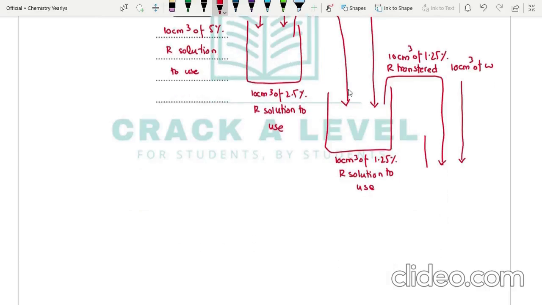This is going to be the last beaker, and we will have 10 cm cube of 0.625% R solution to use. But this will actually be 20 cm cube in the end, because we are not transferring from it anymore.